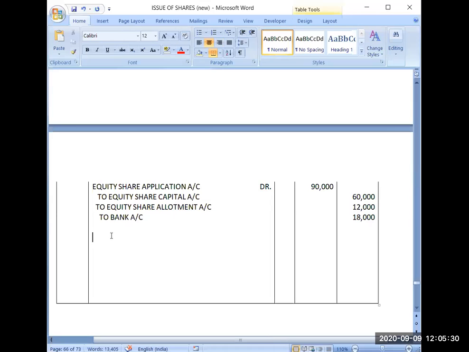Okay. Now we will make allotment money due. Equity share allotment account debit to equity share capital account.